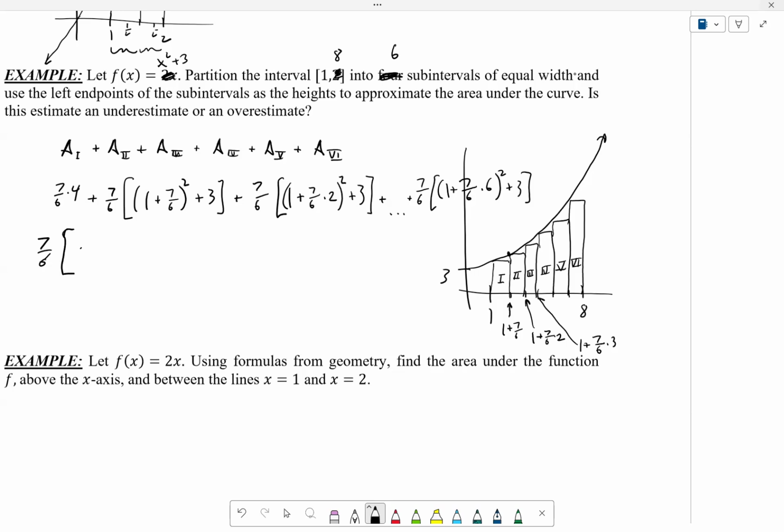So we have 4 plus 1 plus 7/6 squared plus 3 plus 1 plus 7/6 times 2 squared plus 3 plus dot dot dot plus 1 plus 7/6 times 6 squared plus 3.